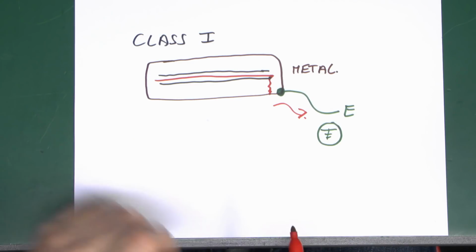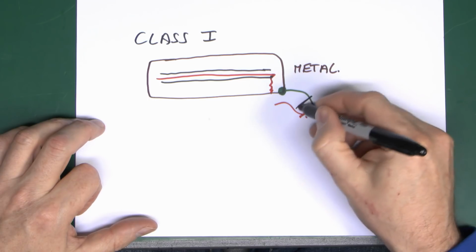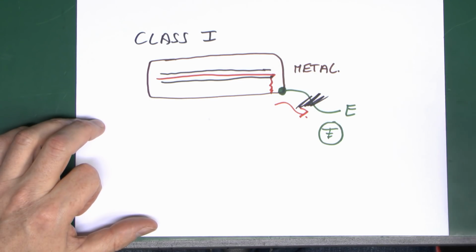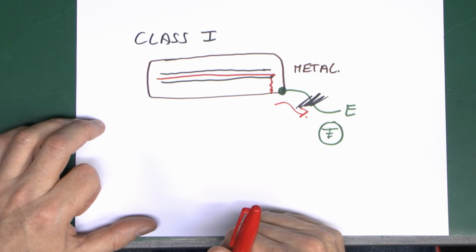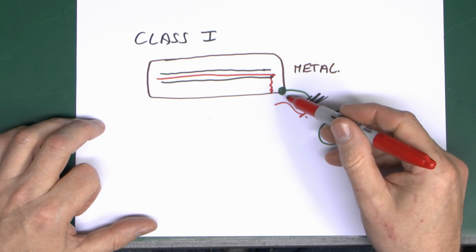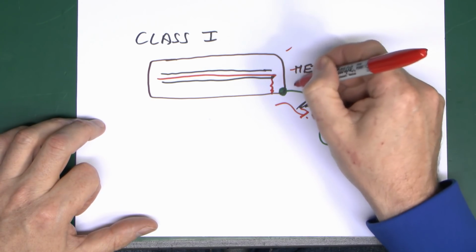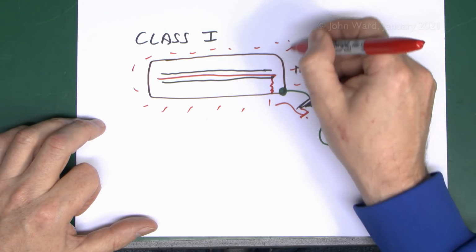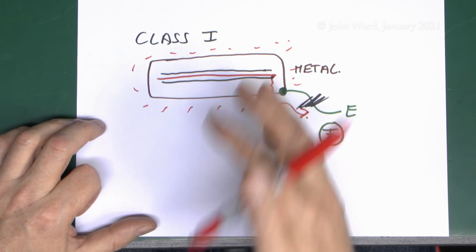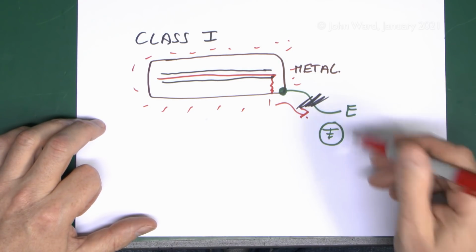A possible danger with these things is that if this conductor here was damaged or not connected or broken in some way, then if a fault occurs inside and the conductor comes into contact with the metal casing, no current flows here because of course that connection's gone away. Instead, the whole of the metal casing becomes live at 230 volts AC, and it just sits there until some poor person grabs hold of it, and then that person becomes the path to earth.